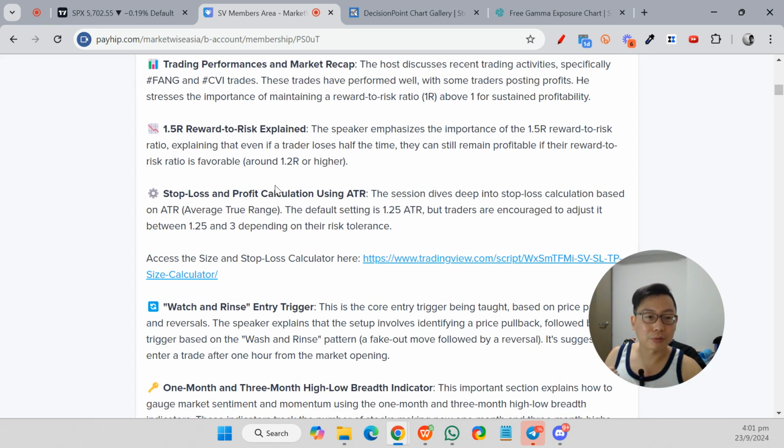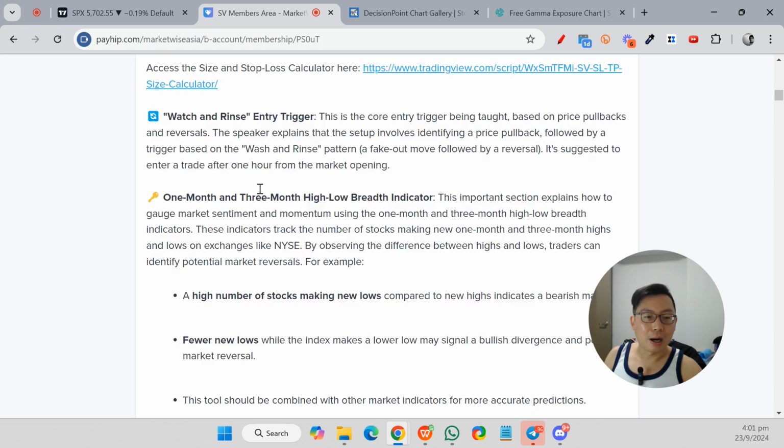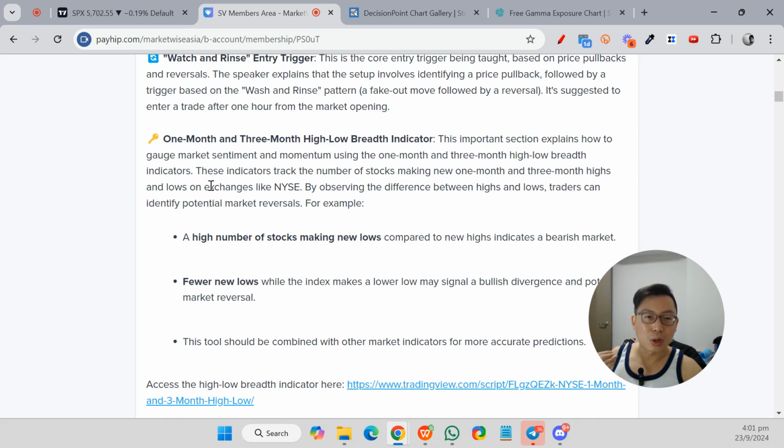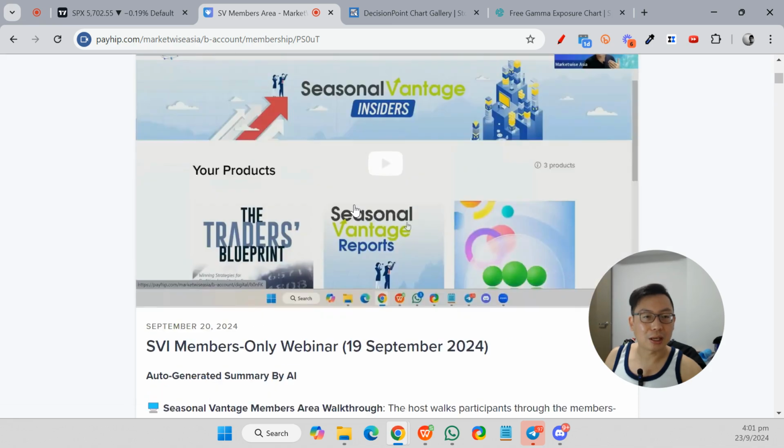I spent quite a bit of time there, and of course if you want access to the indicator, it is there. I also talk about this new tool that I developed, the 1 month and 3 month high-low breadth indicator using the New York Stock Exchange. Once again, if you want a more detailed understanding of how I use this indicator as a breadth indicator, head over to this link and watch this video.